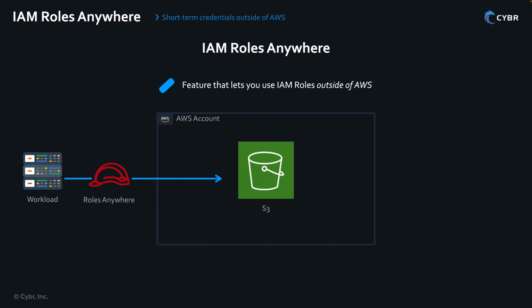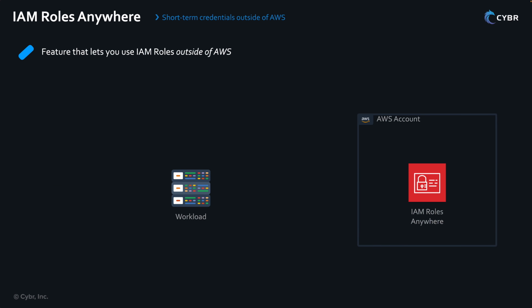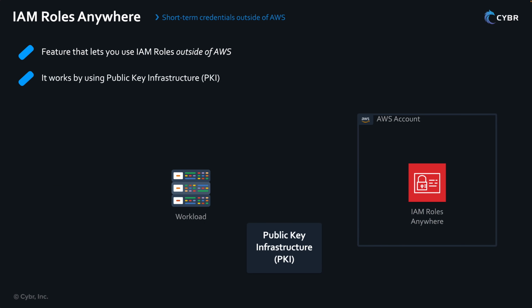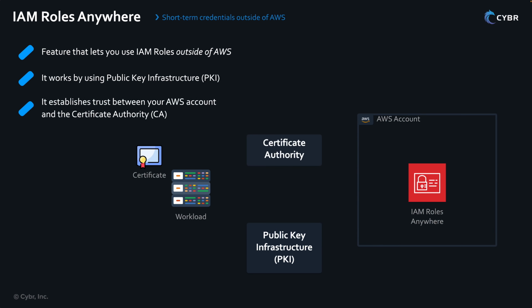The IAM Roles Anywhere feature lets you use your AWS IAM roles outside of AWS, almost as if you were still within AWS. And it works by using public key infrastructure to establish trust between your AWS account and the certificate authority, or CA, that issues certificates to your on-premises workloads.